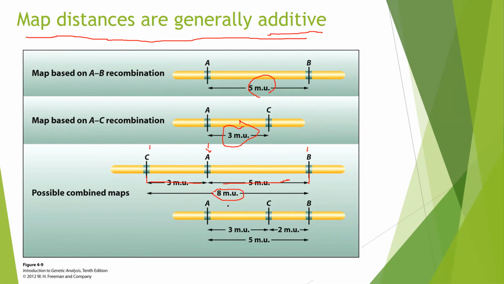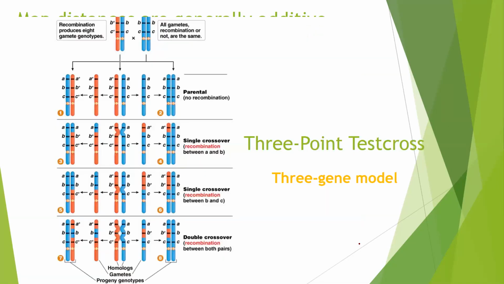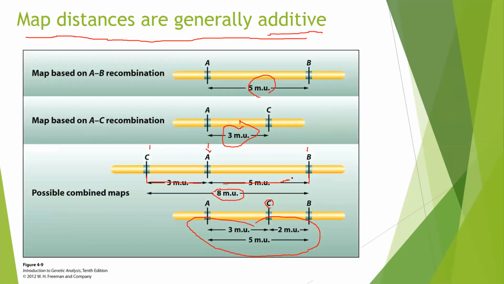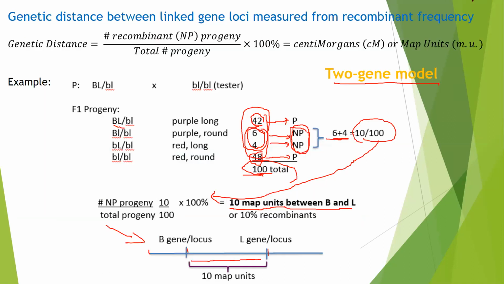All right. So if the three genes are arranged in this way, if gene C is in the middle, of course, you're going to have this relationship between the three genes. Okay, so now, as I mentioned, this is a 2-gene model, the simple one.